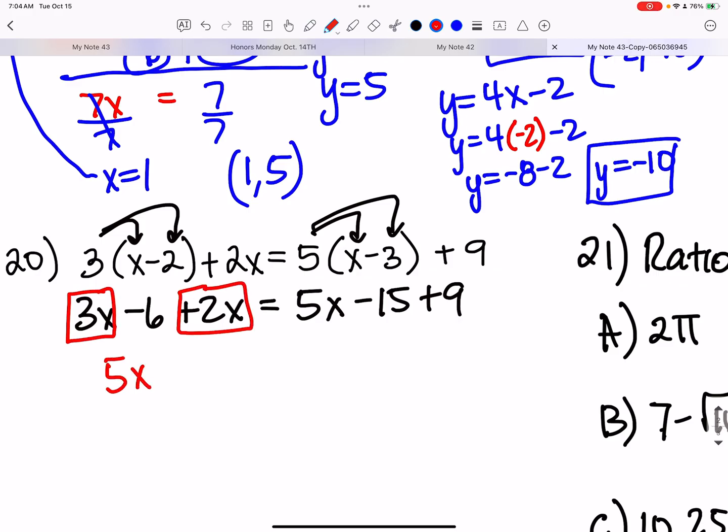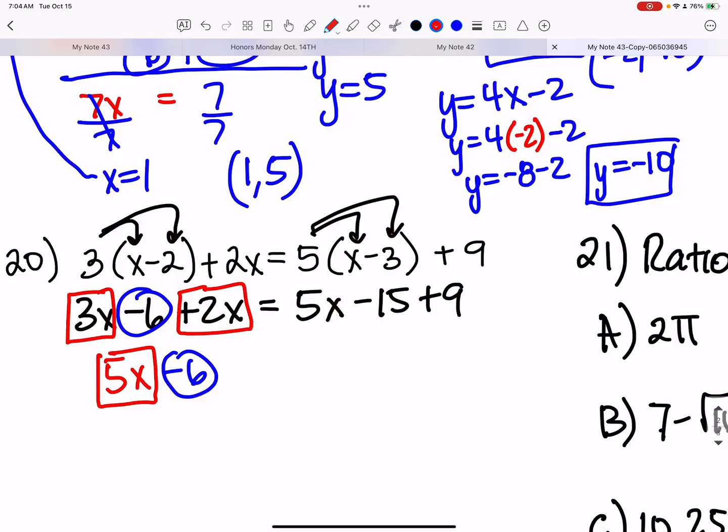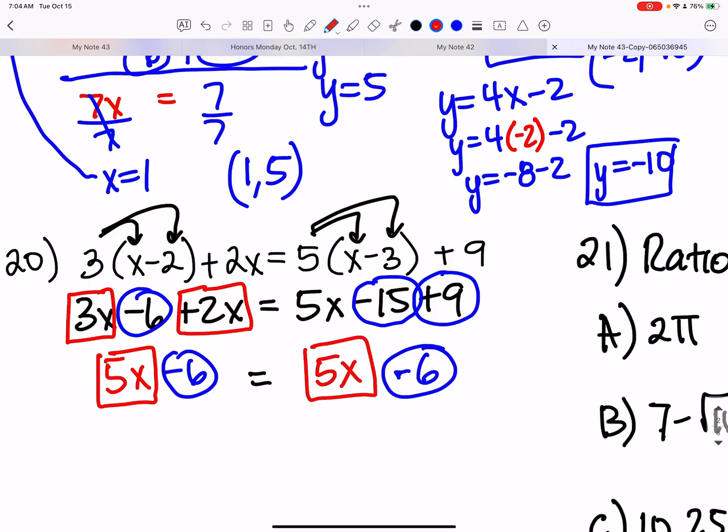We really have 5x's minus 6 on this side equals, oh, that was bad timing. Equals, let's see, we have too many of the baby's laundry over here. Negative 15 and positive 9, the negatives win by 6. So we really have 5x's minus 6.